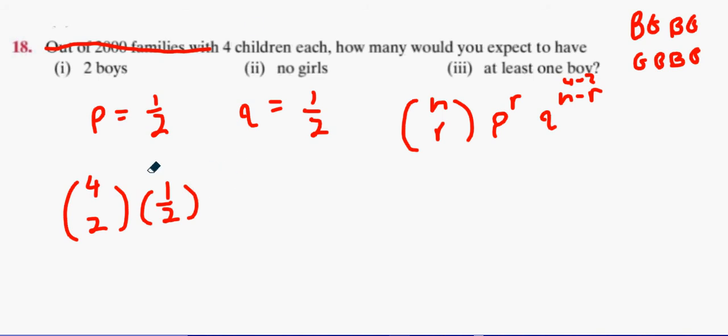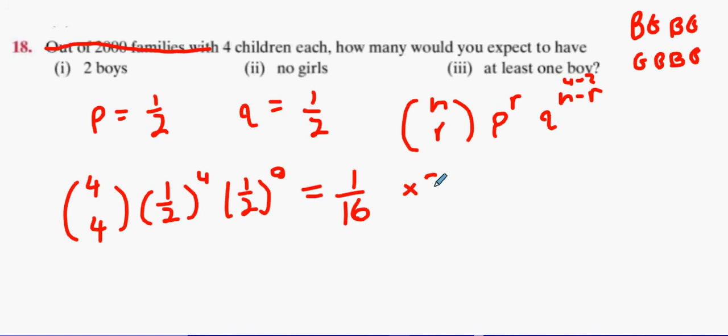And so 4C4, 4 boys, 0 girls, and you throw all that into the calculator and you get I think it's 1/16, and then 1/16 is your probability of having 4 boys in a family, and then you multiply that by 2,000 and you get an answer of 125 families. Okay. The next one, at least 1 boy.